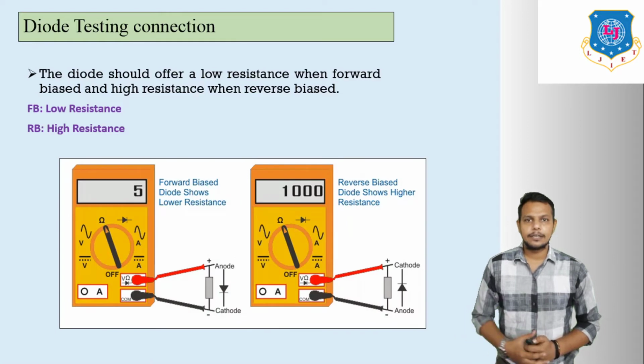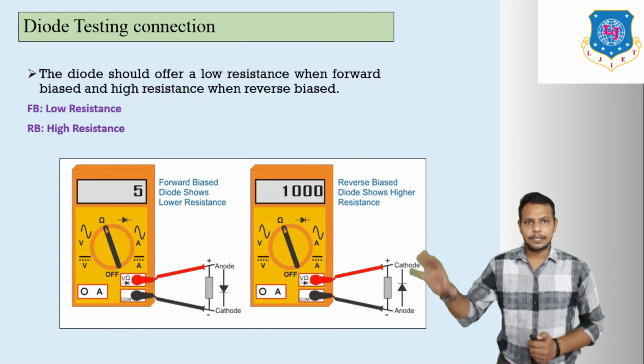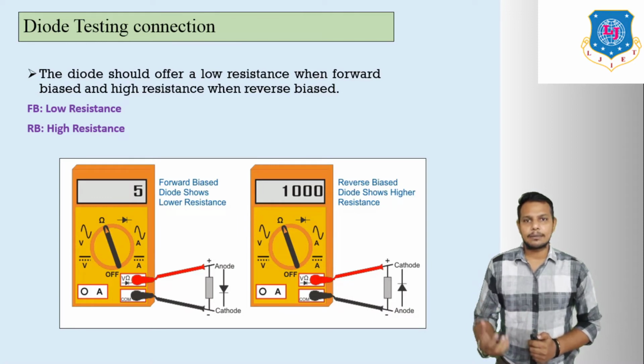Here is the indication of how we can measure whether the diode is in forward bias or reverse bias. First we use the DMM, digital multimeter, and set the knob at the resistance position.